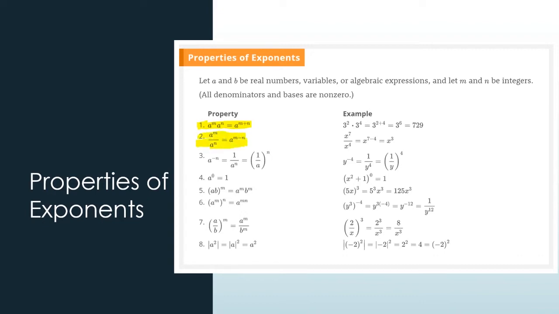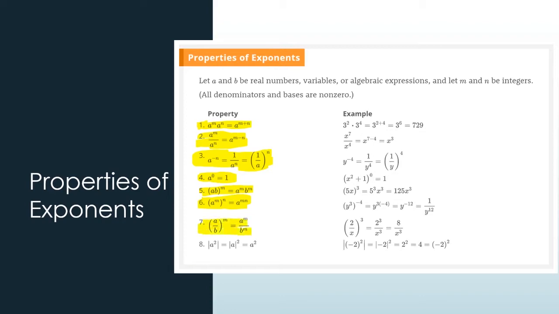Property 2, where when you're dividing, the exponents subtract. When you have negative exponents, it means you're taking the reciprocal to make the exponent positive. Anything to the 0 power is 1. Exponents distribute. And then if you have an exponent times an exponent, those are multiplied.